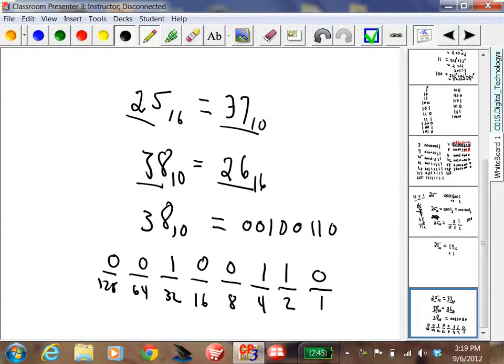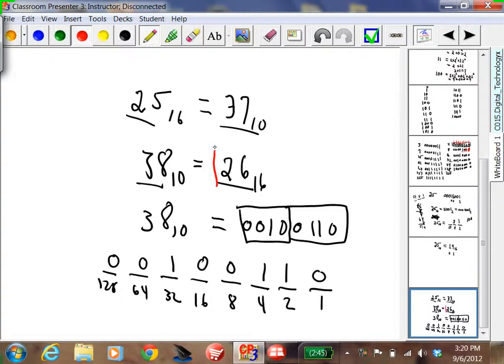Now let me show you a little trick. We divide this and take 4 here and 4 here. If we know 38 in hex, the way we can convert into binary is very easy.